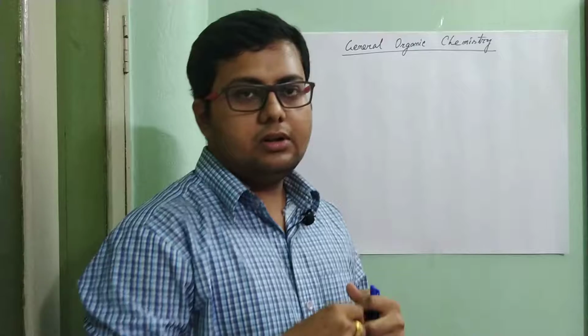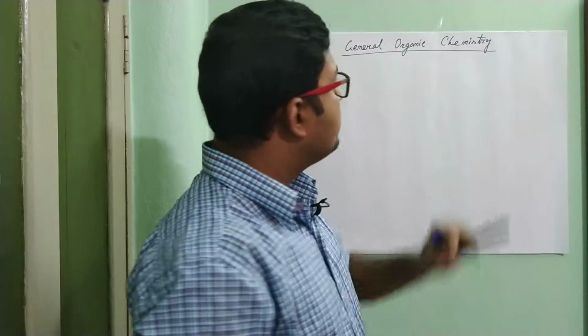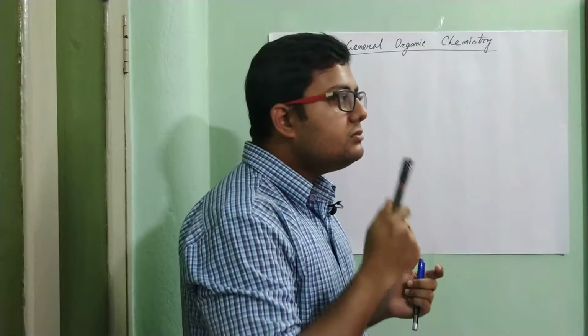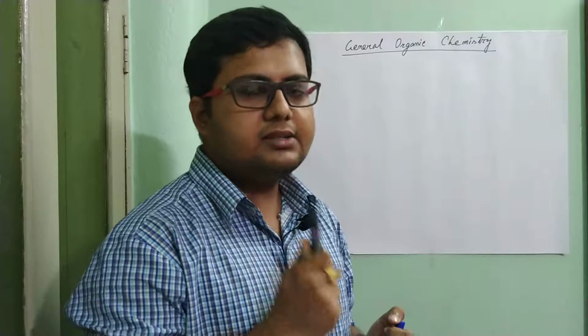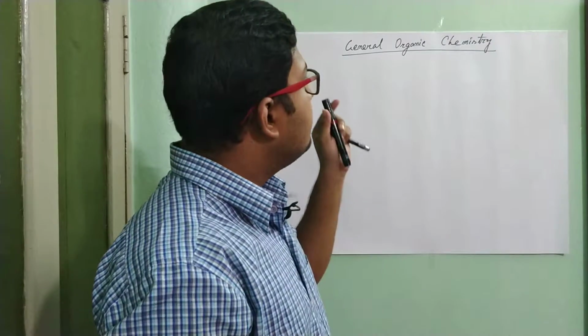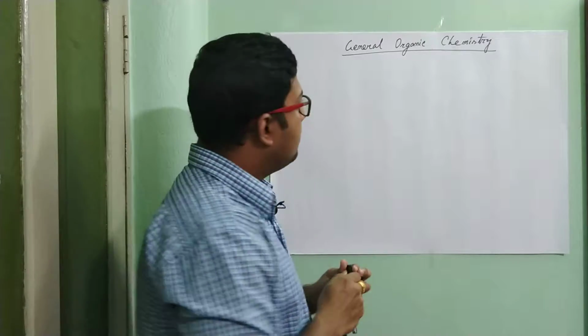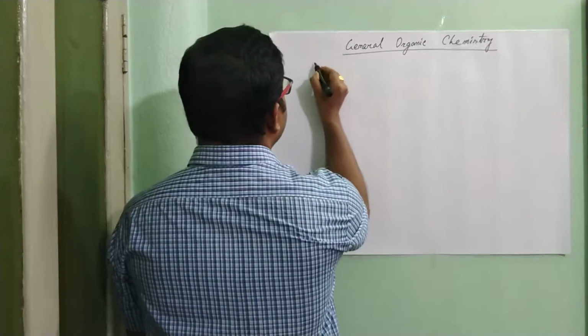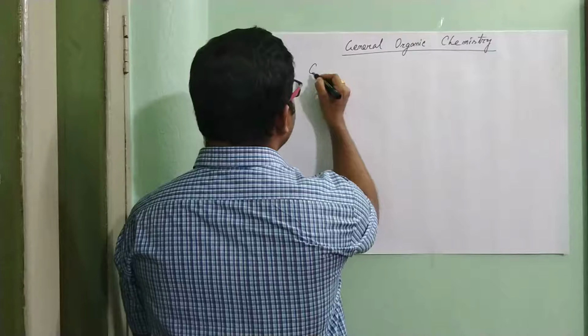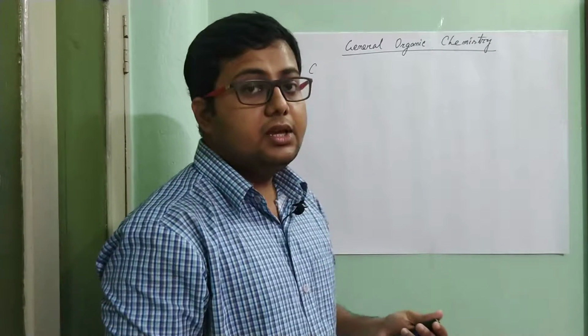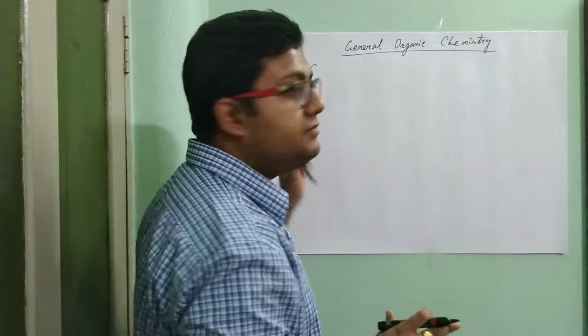First of all, if we want to start this one, we need to understand one thing, that the building block of organic chemistry is the carbon atom. If you want to understand organic chemistry, you need to understand carbon first.